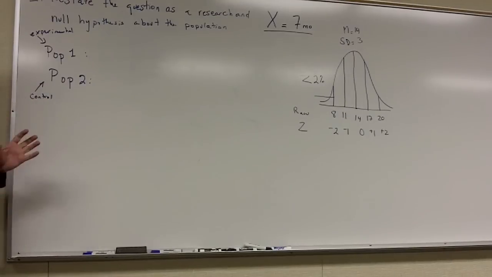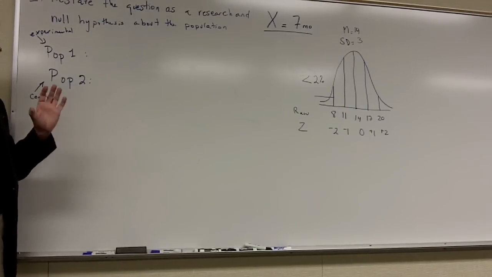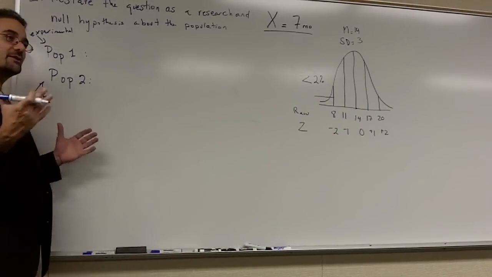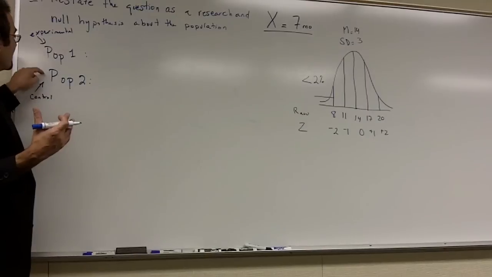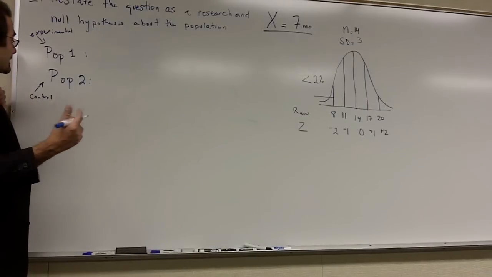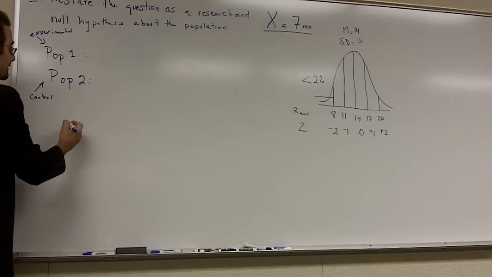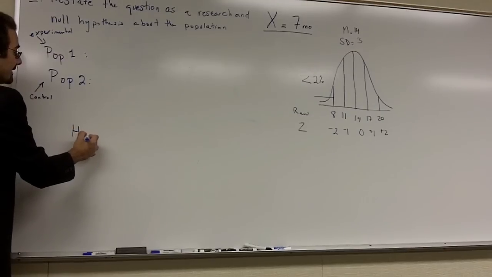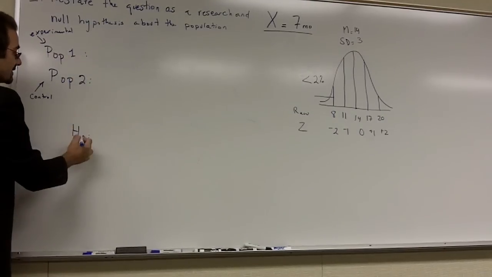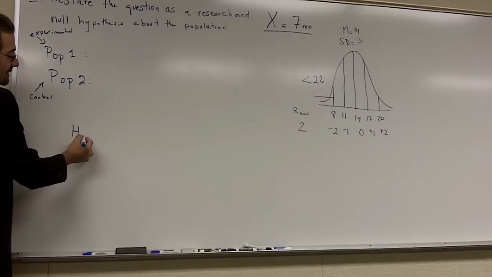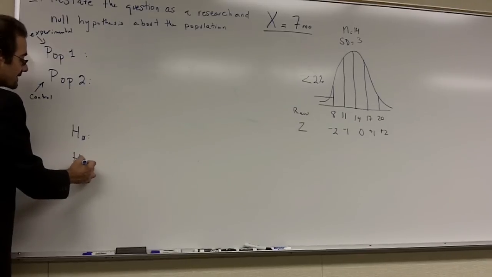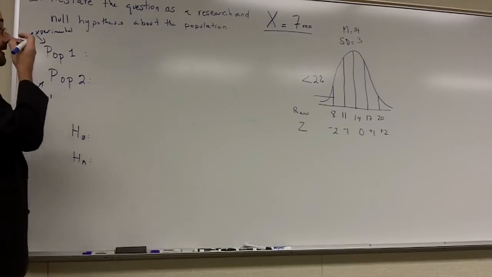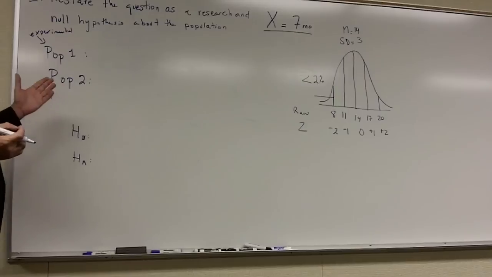This is not really what the book describes, and it's not technically the perfect explanation, but this is to simplify the process. So this is what you're going to be experimenting with, and this is the normal case. And then after you define POP1 and POP2, you develop your hypotheses based on these populations. So your null hypothesis is defined as H-null, H with a subscript zero, and your alternate hypothesis or research hypothesis, HA.